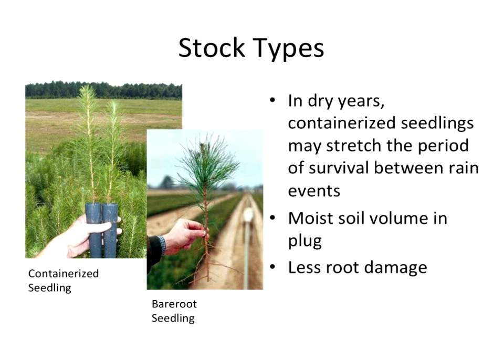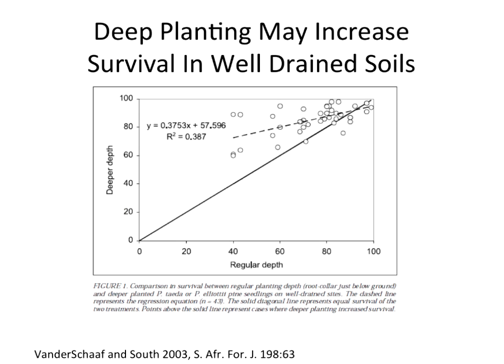Obviously, containerized seedlings come with their own soil volume. There's less root damage because the root system is intact, and basically that little plug of moist soil may allow that seedling to survive for longer periods between rain events and ensure survival. So that's something to think about in terms of mitigating dry soils.